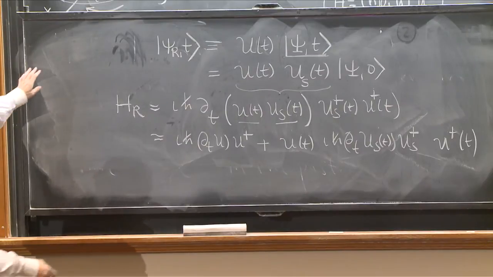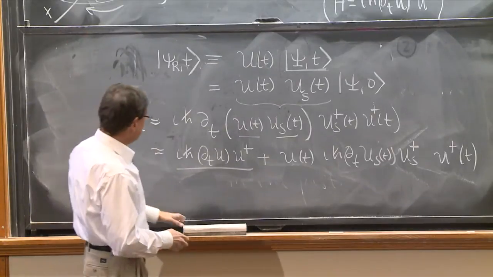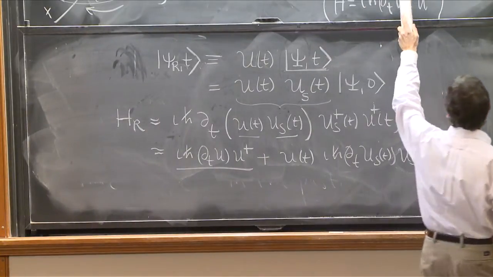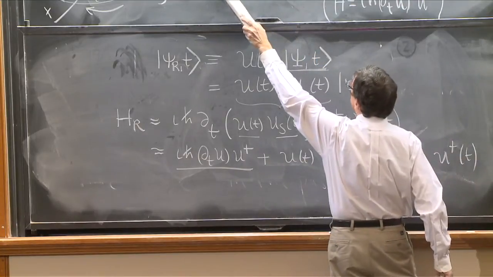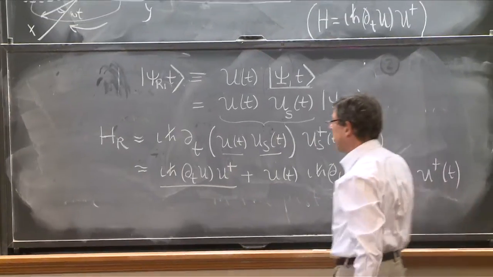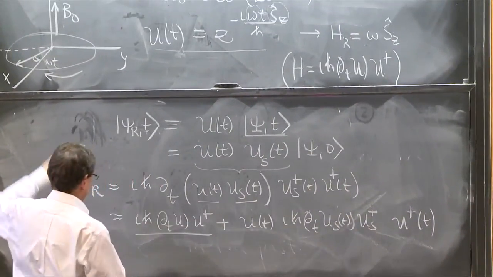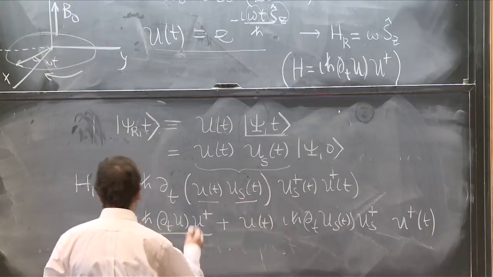Now, this thing is how much? Well, this thing is, in fact, the Hamiltonian associated to what we call U, which is just omega Sz. So actually, I have this notation here.